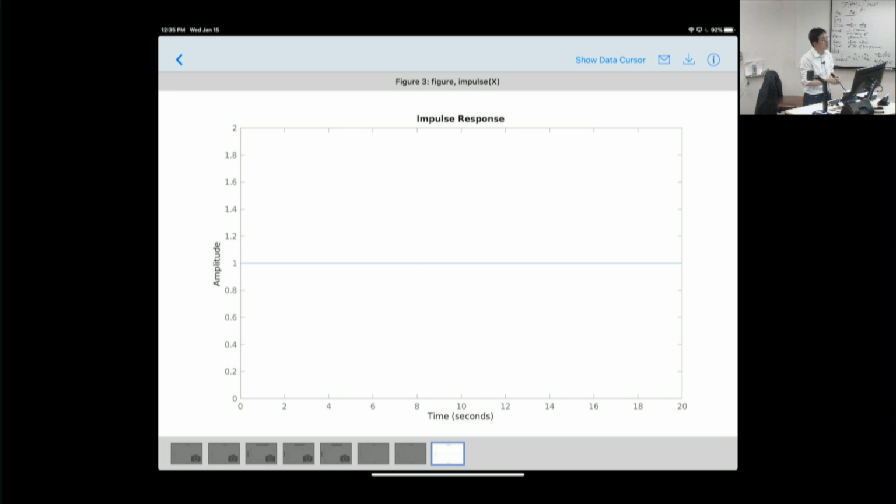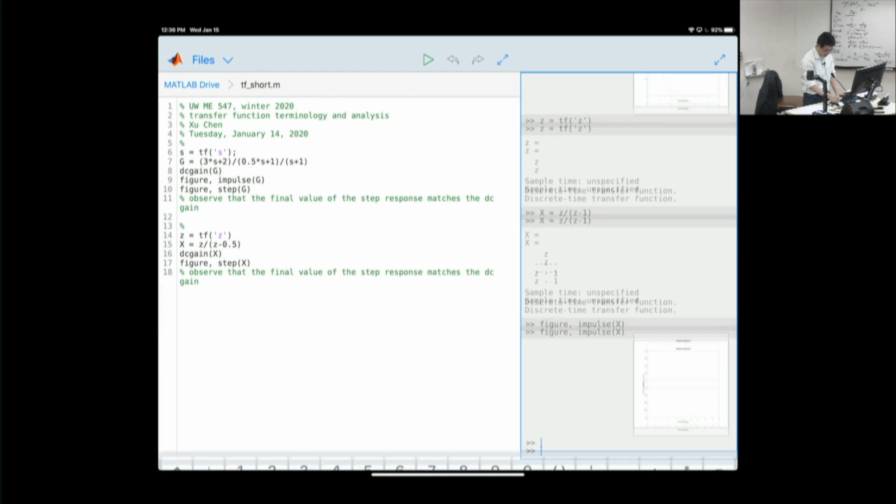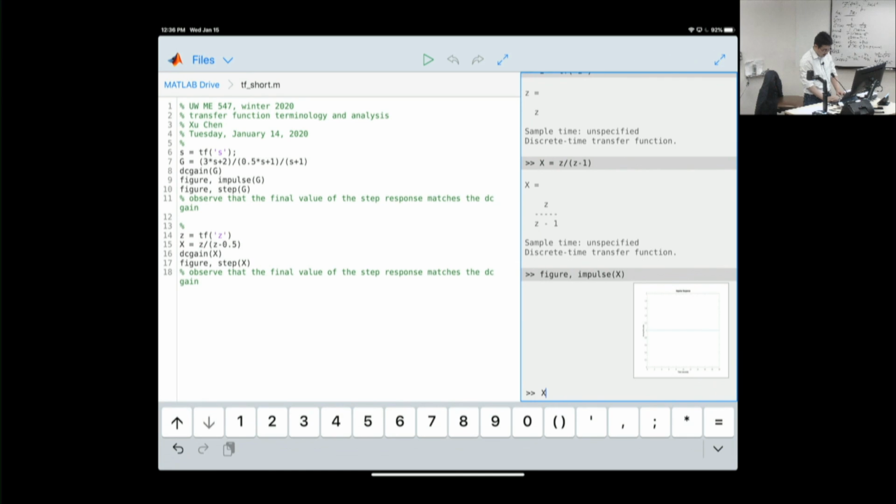Yes? Is there a physical meaning to the DC gain in the time domain? It's exactly the same concept. If you apply an input that is a constant, let's say 1, your output is going to be a number. And I will show you right here with a different x.